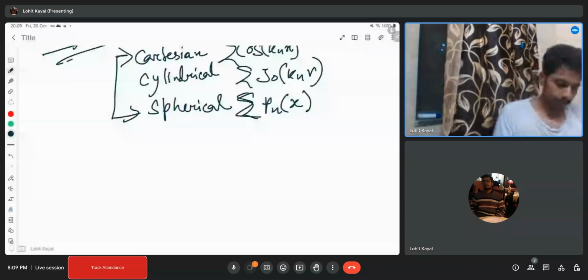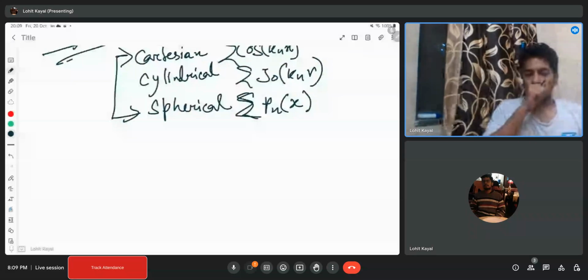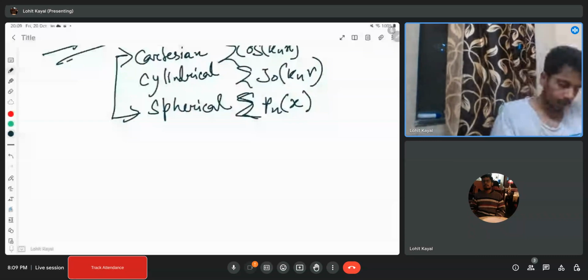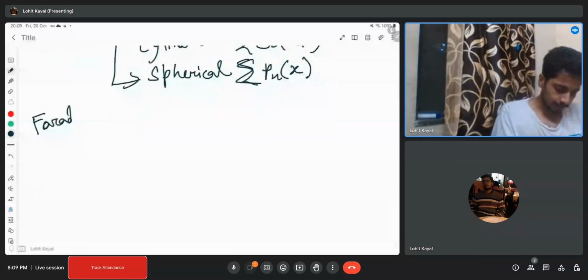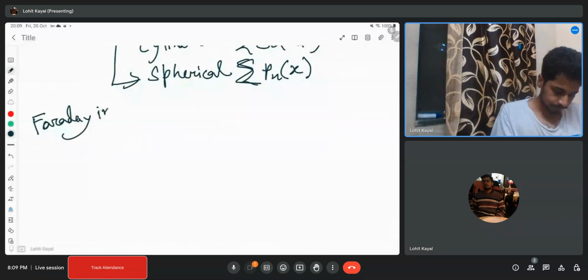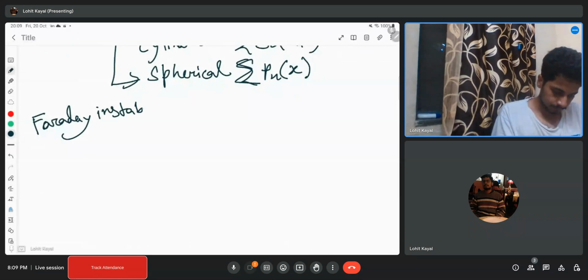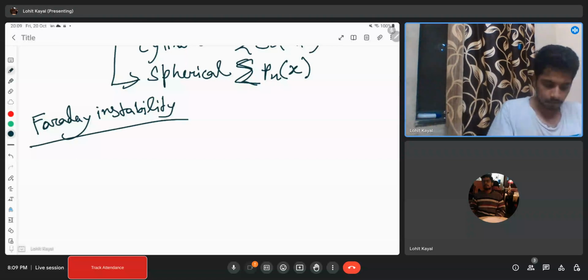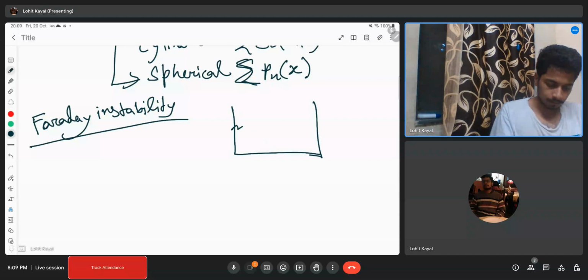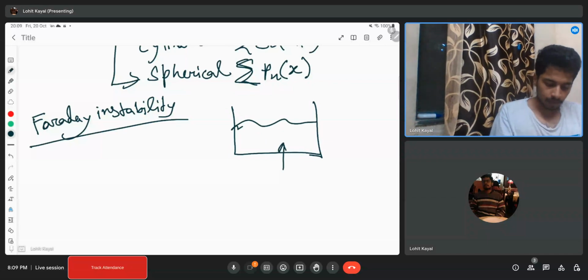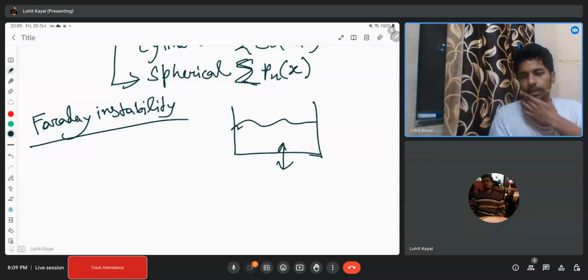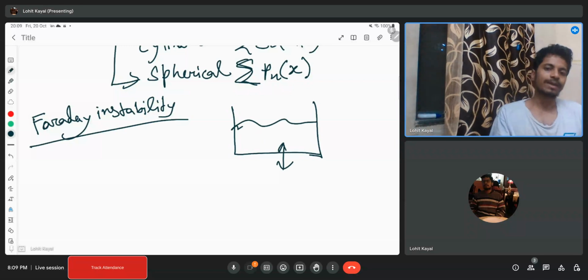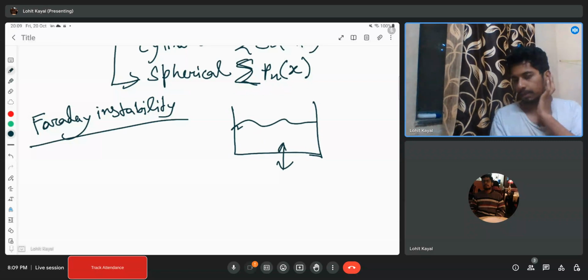All right. Now, apart from this, we have also solved the problem for the Faraday instability. There we talked about the case where we are provided forcing on the bottom of the interface. Okay, which makes your base state pressure a time dependent variable.